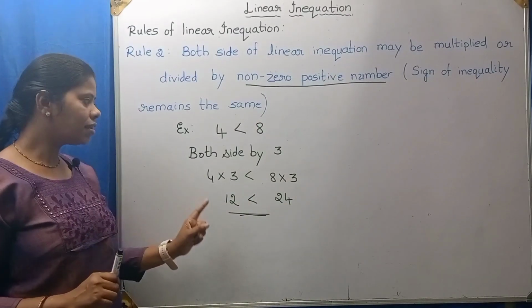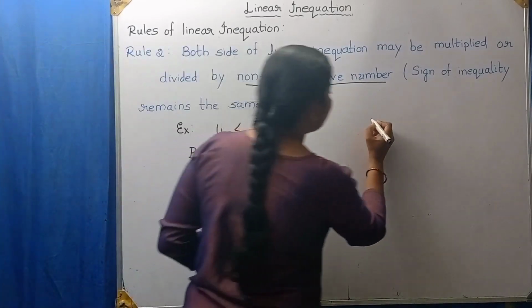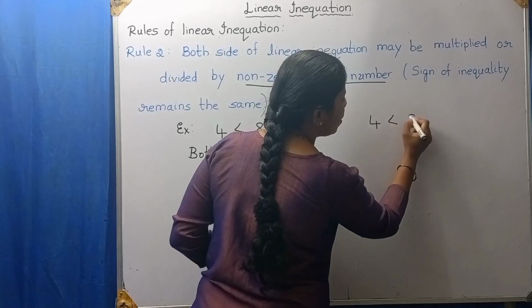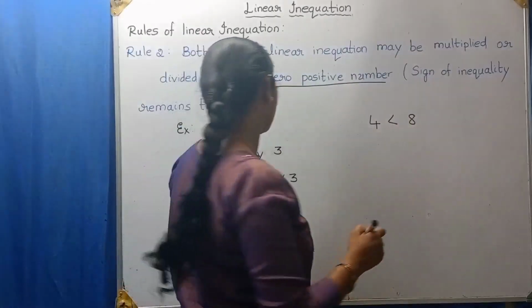Okay? In the same way, we can do it for division. Again, let me take the same example. 4 is lesser than 8.